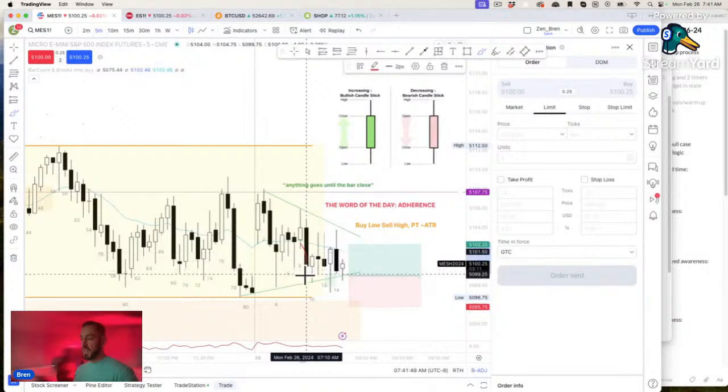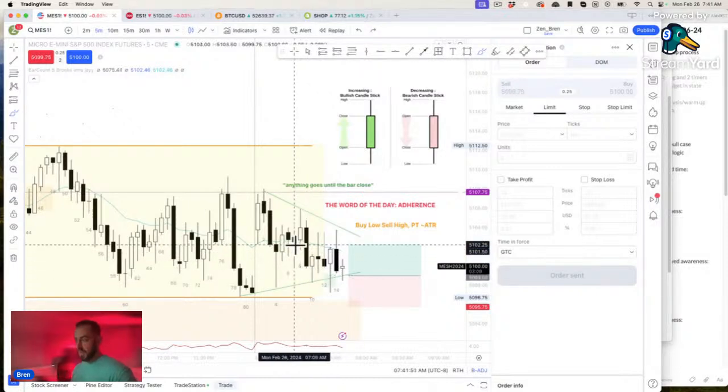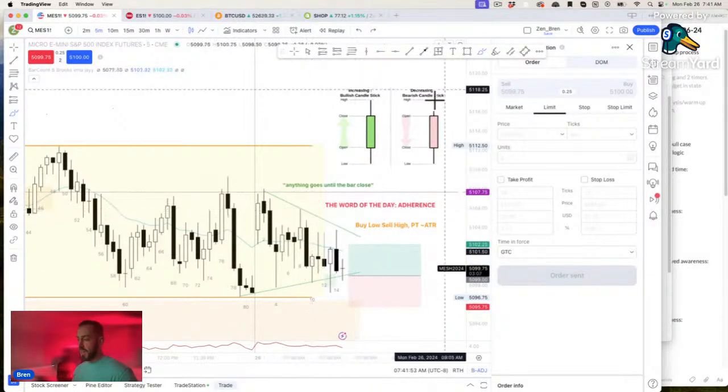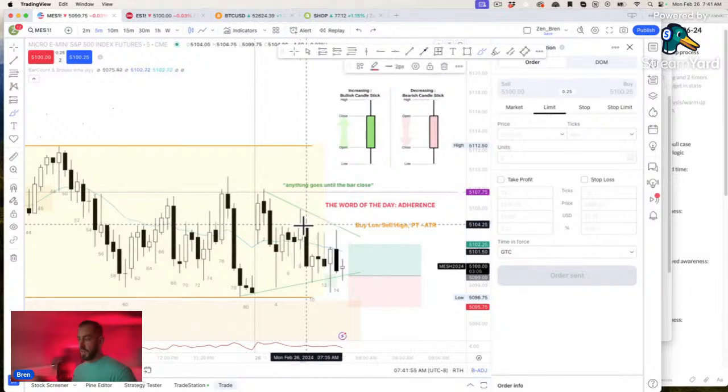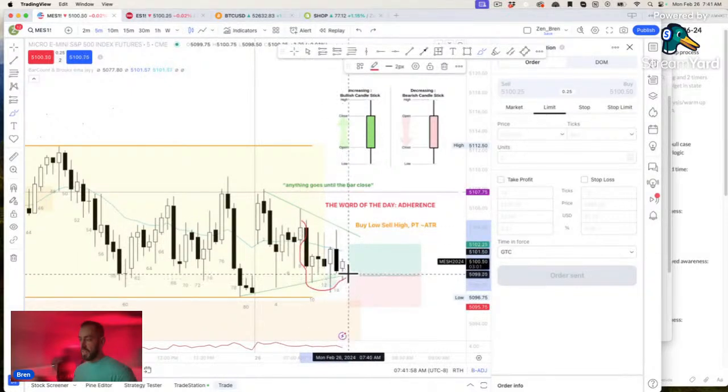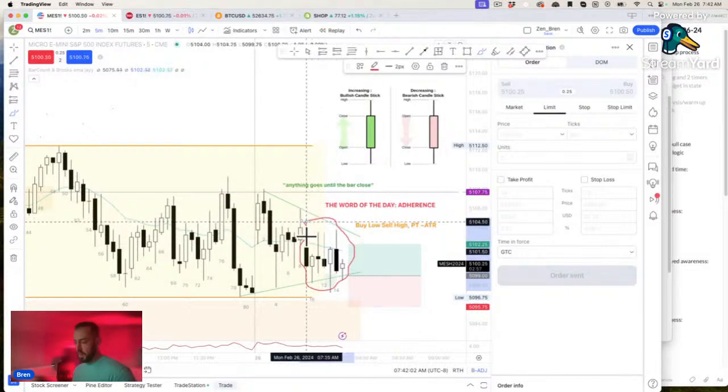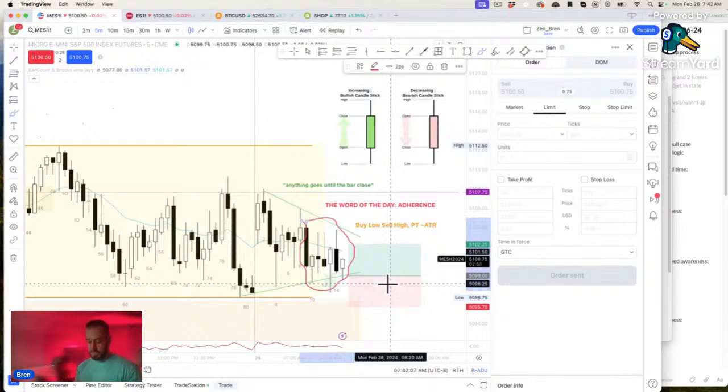So since bar 8, if we start drawing it here, all these guys, and maybe this current bar, we got 3 minutes left, but we'll see. That would make 1, 2, 3, 4, 5, 6, 7 closes below the moving average.